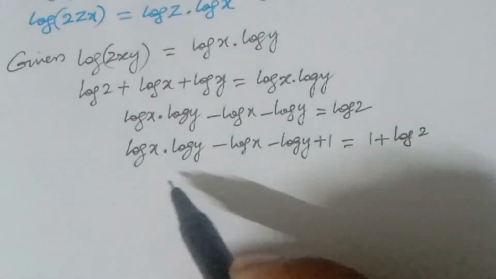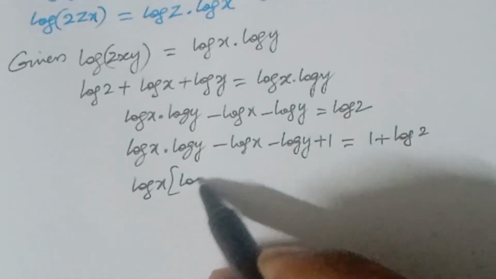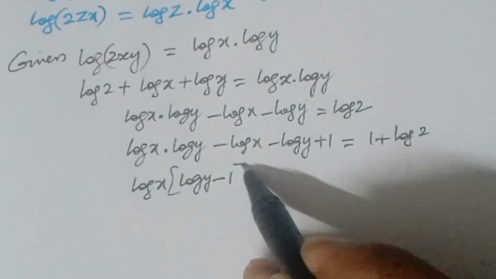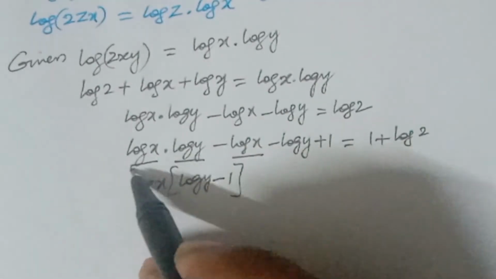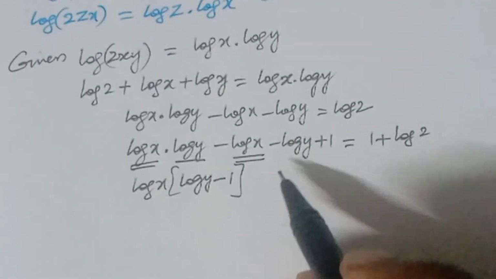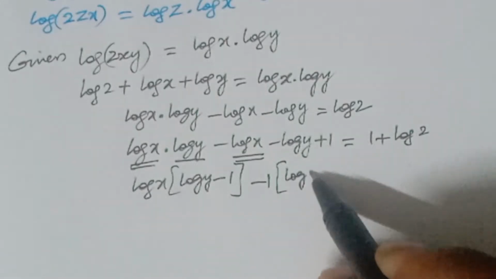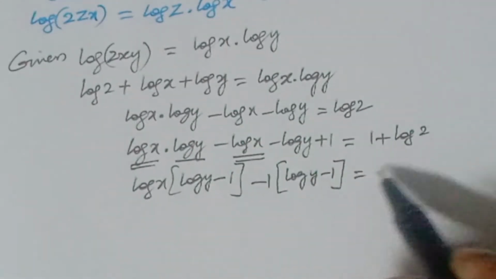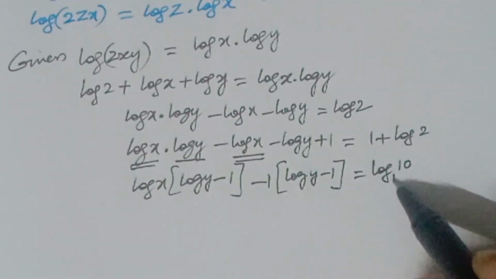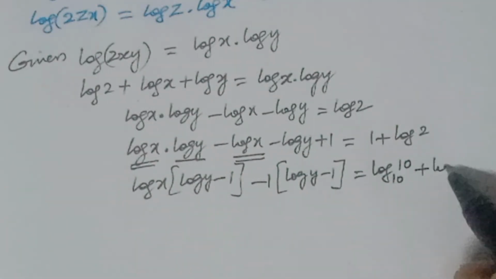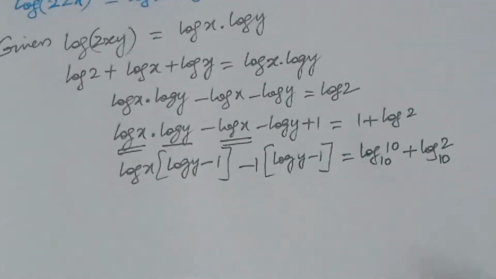So here you can take log x common: log x into log y minus 1, and in the rest you can take minus 1 common, so log x minus 1 into log y minus 1. The right side can be written as log 10 base 10 plus log 2 base 10. So this is the logic in this problem.